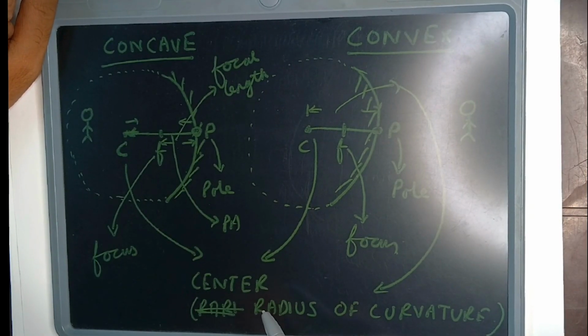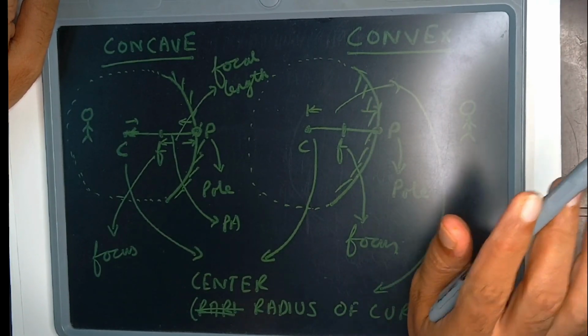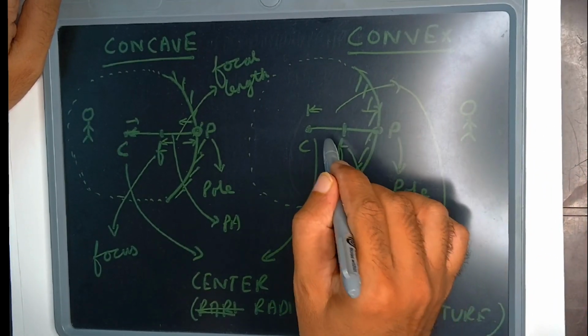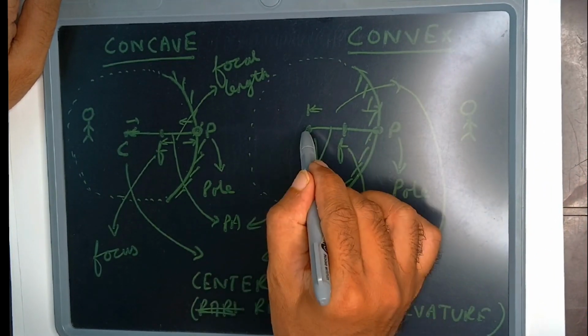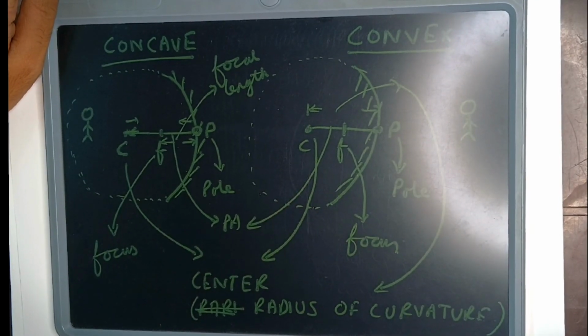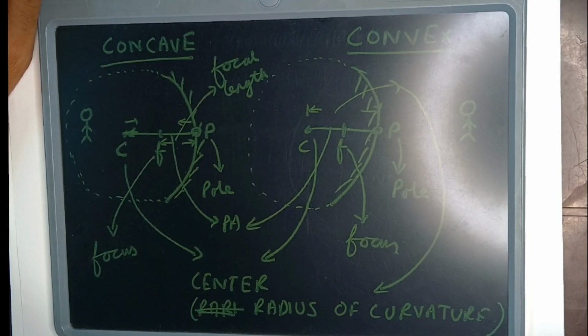This is the mirror's PA. Personal assistant, not personal assistant. Principal axis. The line joining the center to the pole is the principal axis. These are the main sign conventions, right?